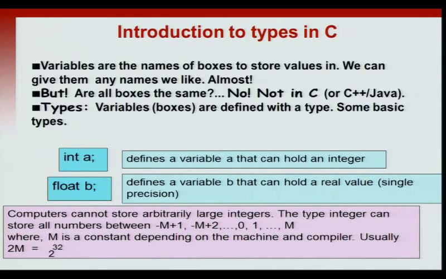tutorial. Two of the common types that we see in this program are int, which stands for an integer, and float, which stands for a floating point number. Okay, so it stands for a real number. Notice that machines can hold only a fixed number of bits.